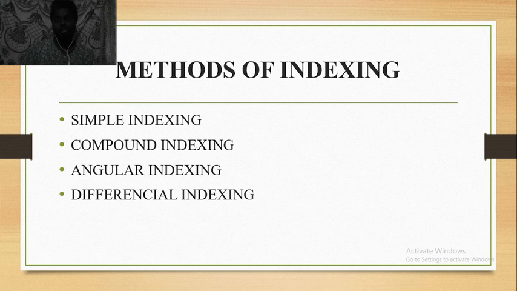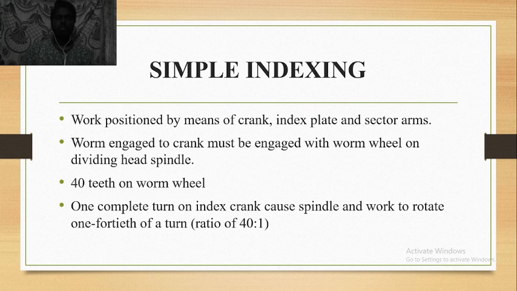First, let's go with simple indexing. In simple indexing, the workpiece is positioned by means of the crank, index plate and sector arms. The crank must be engaged with the worm wheel on the dividing head spindle. Here the worm wheel has to be meshed with the worm thread, and the worm wheel has 40 teeth as I mentioned before, so one complete turn of the index crank causes the spindle and work to rotate 1/40 of a turn.